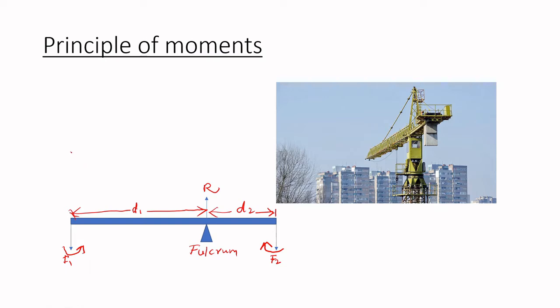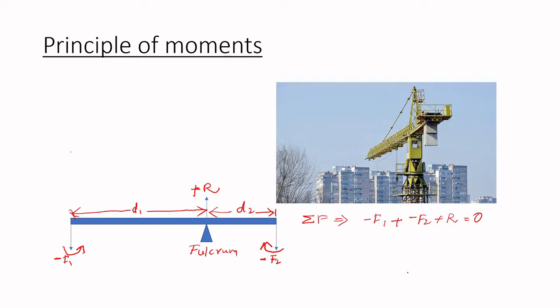So we will take F1 as a negative force. F2 is also a negative force. R is a positive force according to their direction. So what we can write is sigma F is written as minus F1 plus minus F2 plus R is equal to 0. This is the F net.